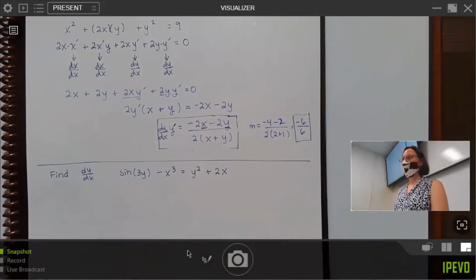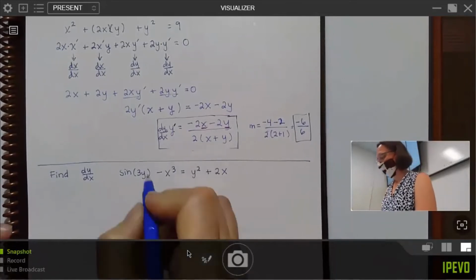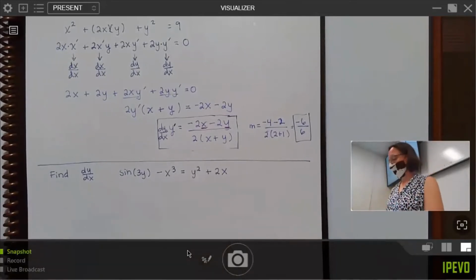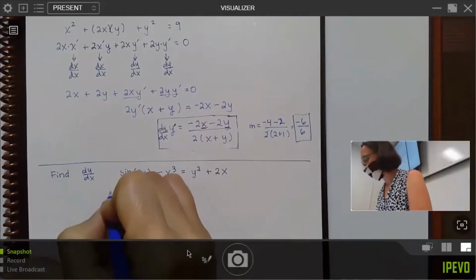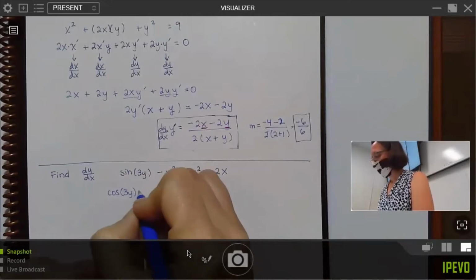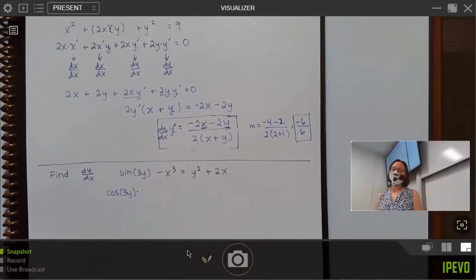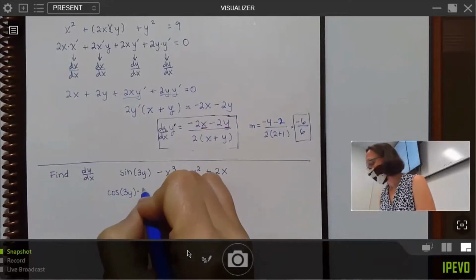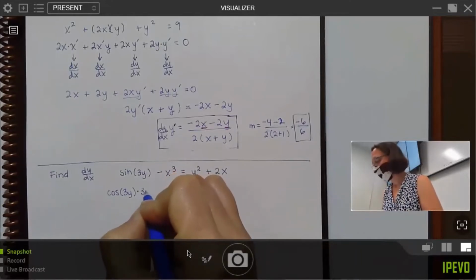The derivative of sine of 3y: the outside function is sine, so I'm going to end up with cosine. Calculus can never change what's inside. But now the chain rule says I need to multiply by the derivative of 3y, which gives me 3 times y prime.